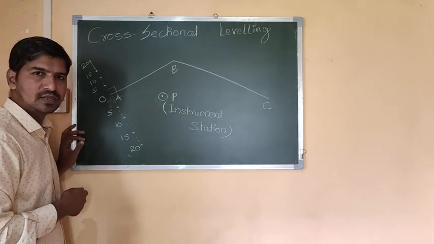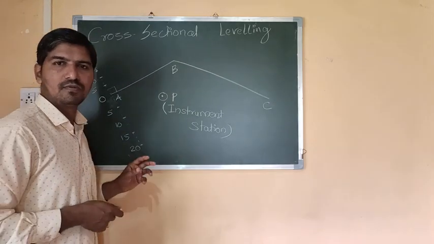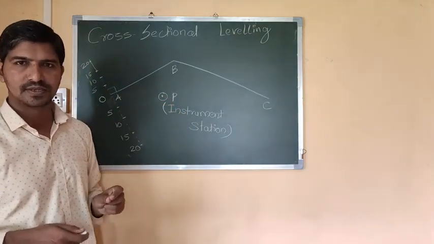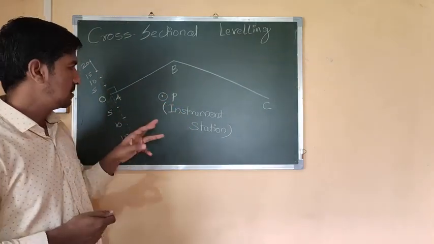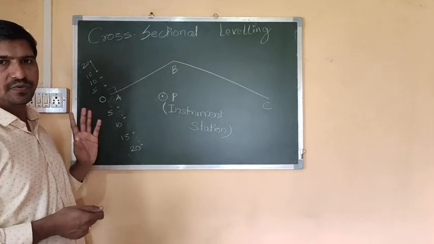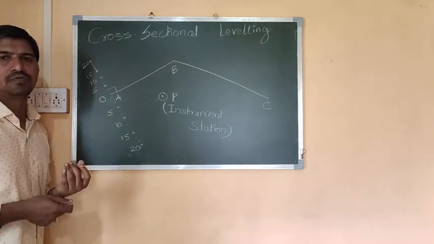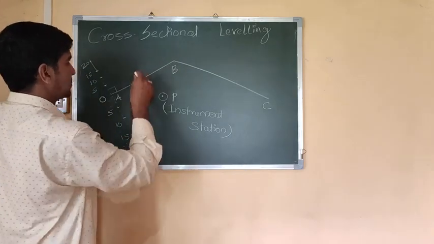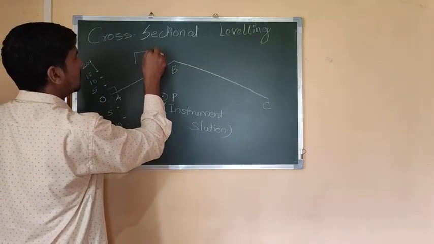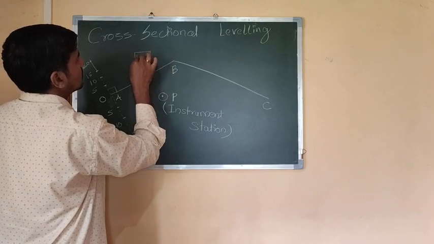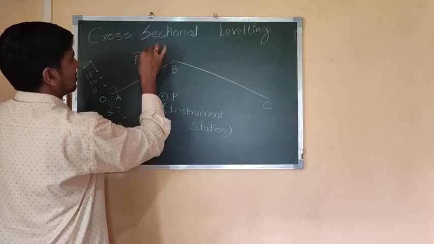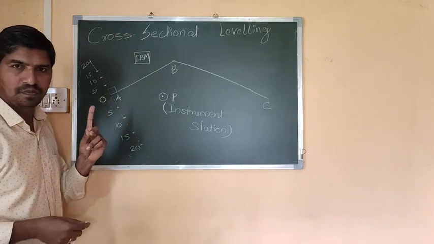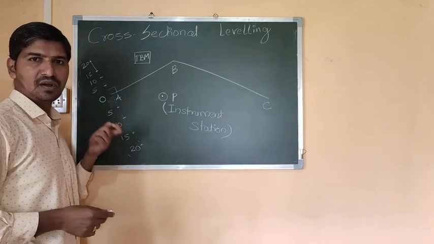I will bring the bubble to the center using the legs and the foot screws, and once it is correctly centered, I will start taking levels. In the usual manner, we take the first level on the temporary benchmark. Suppose this is my temporary benchmark.